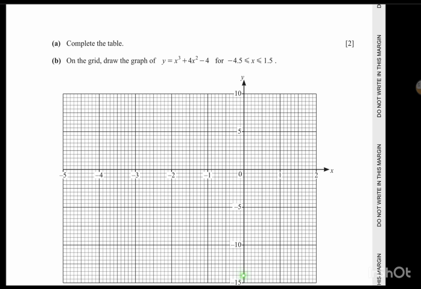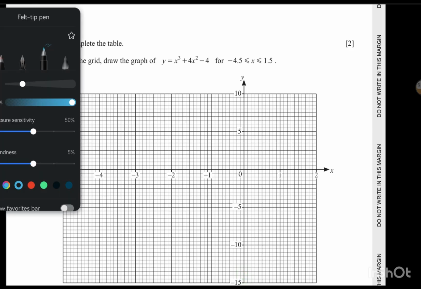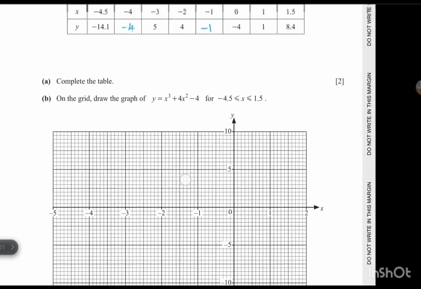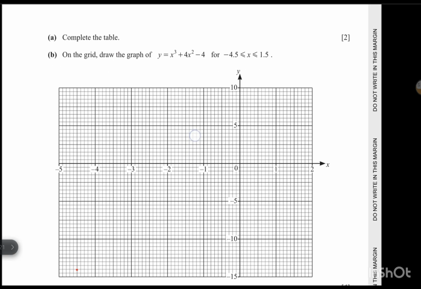This is minus 14 and 0.1 will be just below it. So let me use red color here. So minus 14.1. This is the mark.